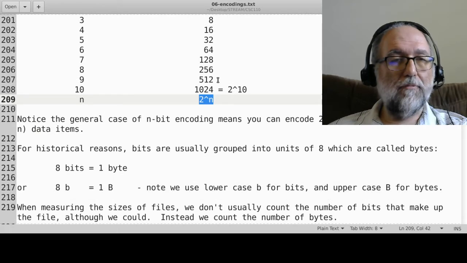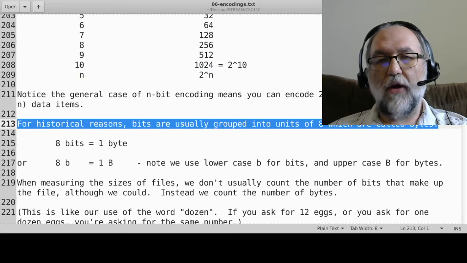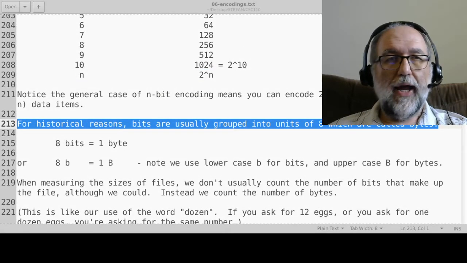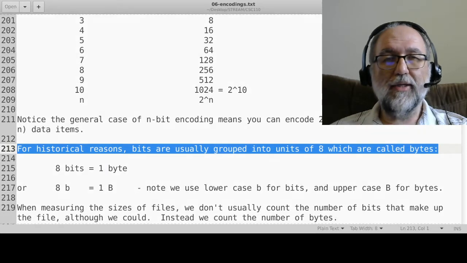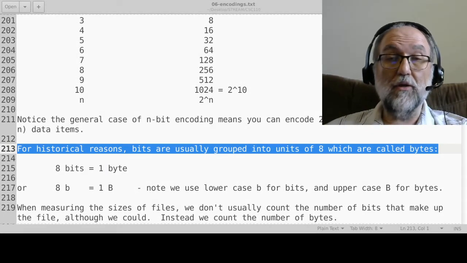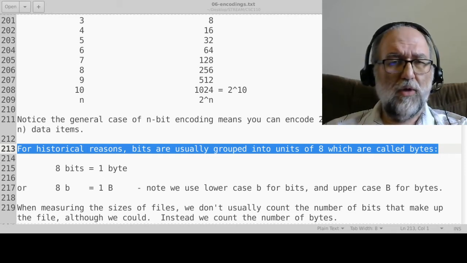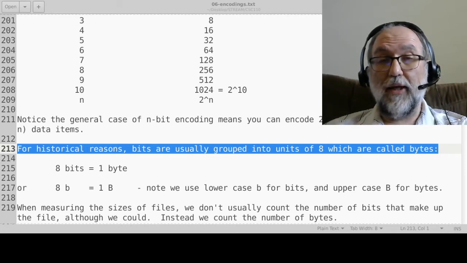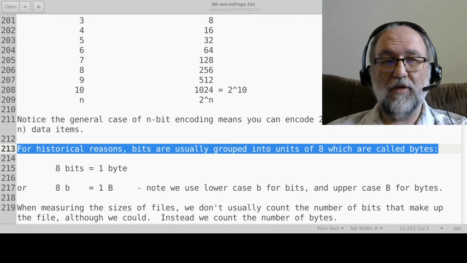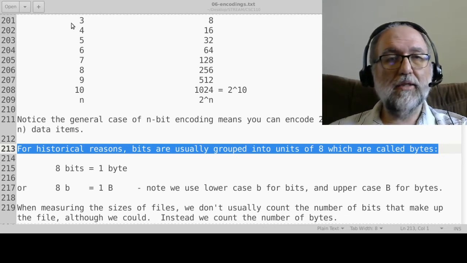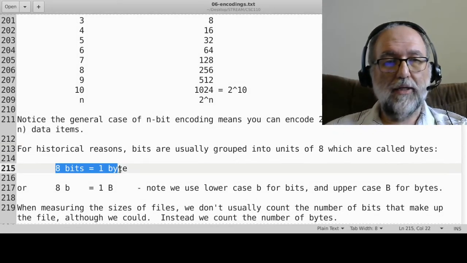Now all of this is very old stuff with computers. Because everything was being grouped into bundles of 8 with the ASCII code, everything was ASCII in the early days. They gave a collection of 8 bits a special name. 8 bits is what we call a byte.